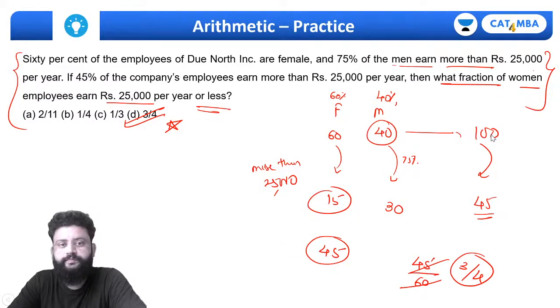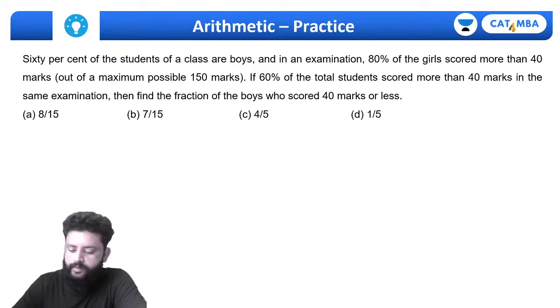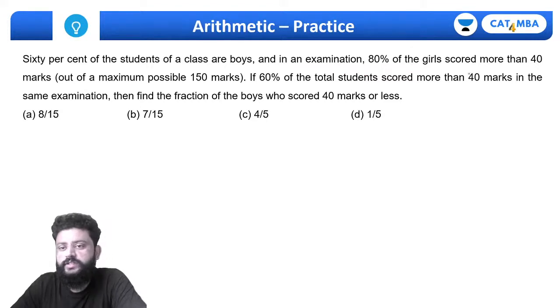Simple one. Let's try for the next. 60% of the students of the class are boys, and in an examination 80% of the girls scored more than 40 marks.